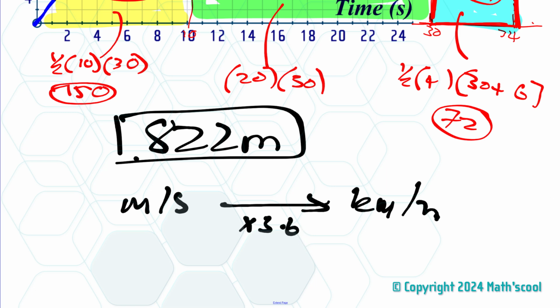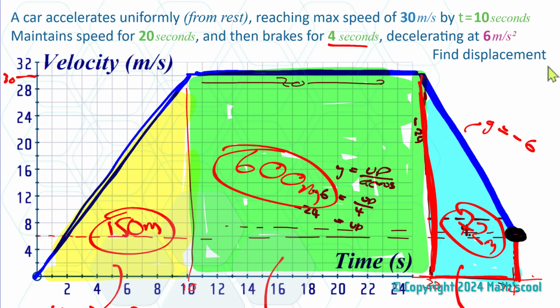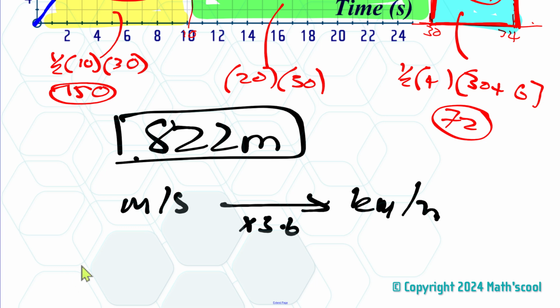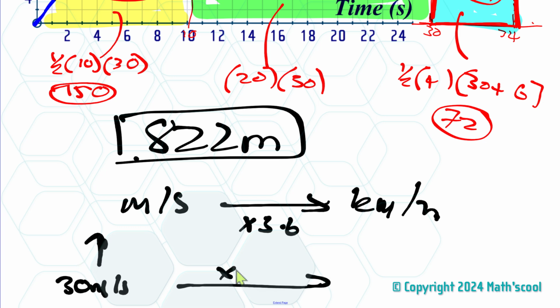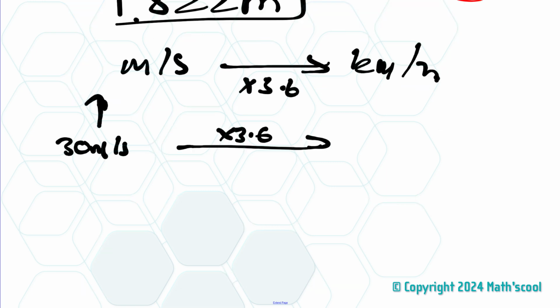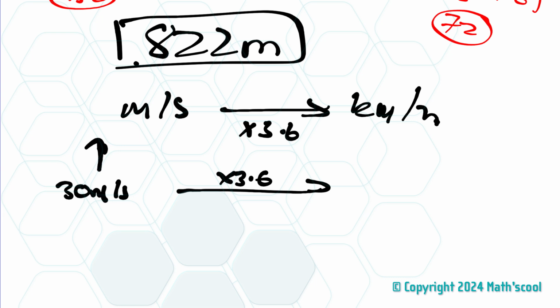So over here, we know he's going at 30 meters per second. Well, if we times that by 3.6, that's going to give us 90 and 18, 108 kilometers per hour.